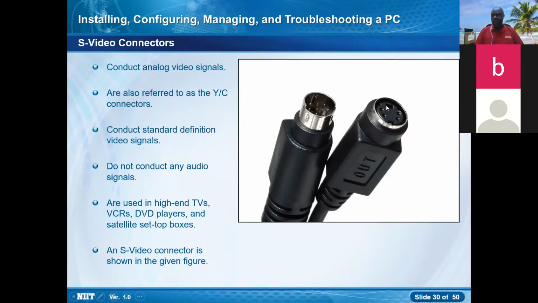So on one side, there will be like that, where you can have a hose, and then on the other side, you have pins where you can plug in. They are also used on satellite decoders.